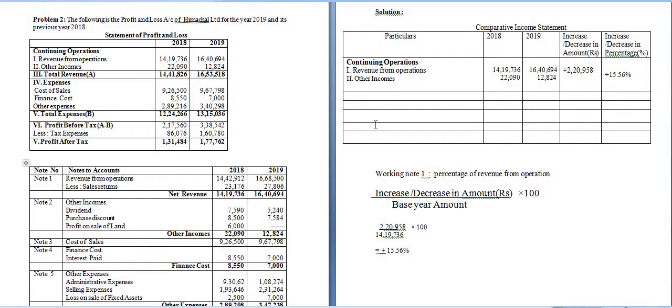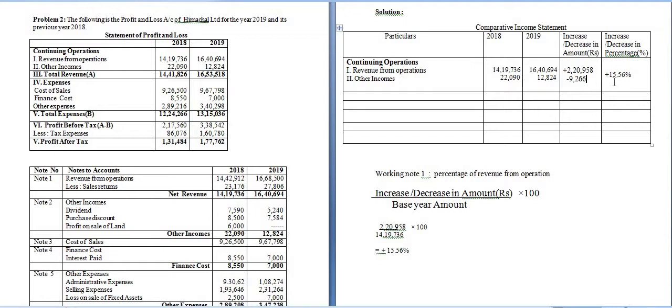The amount of other income has decreased by how much? How will you calculate? 22,090 minus 12,824, which is equal to 9,266.